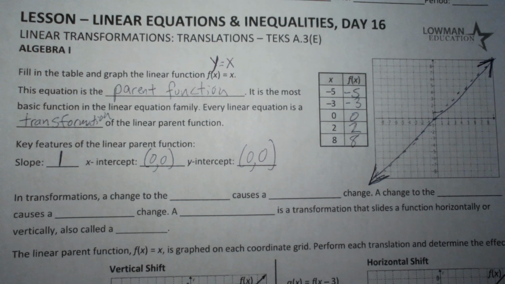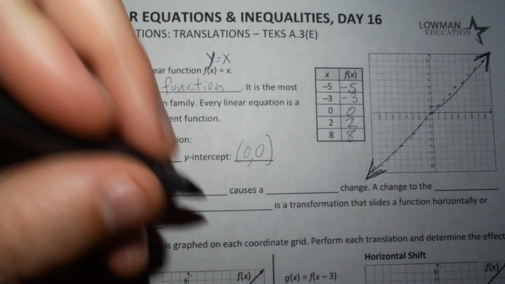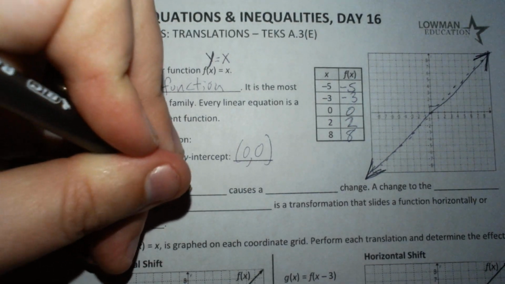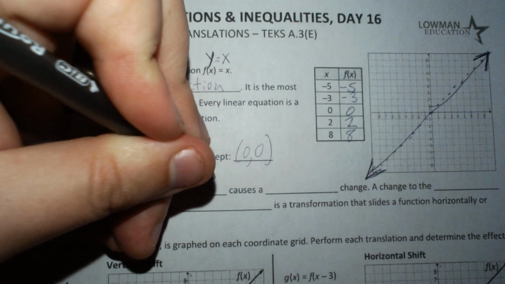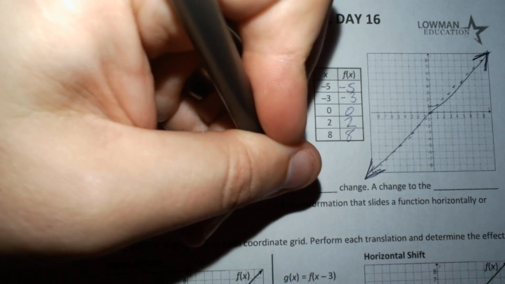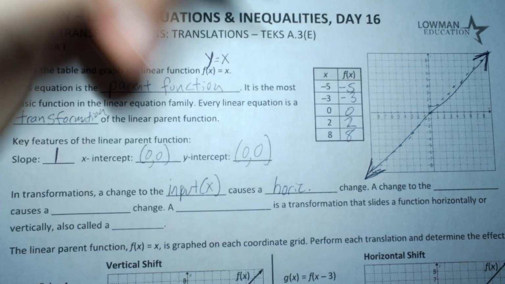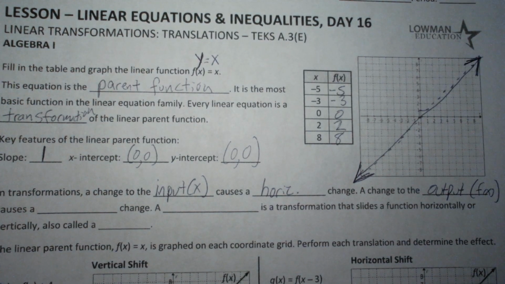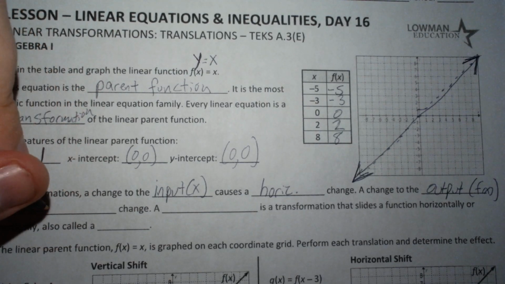And so when we're looking at transformation, a change in the input, or the x value, causes a horizontal change. And a change to the output, or f of x, causes a vertical change.